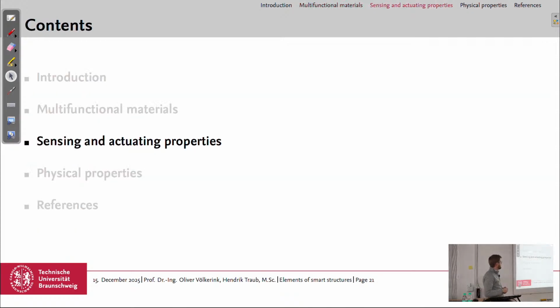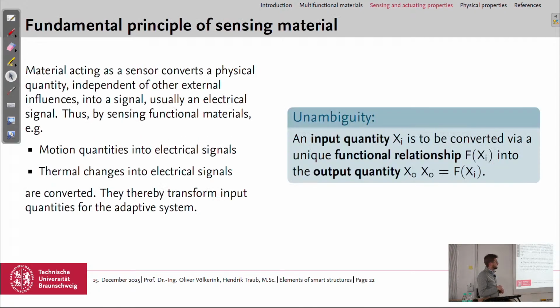So coming now to the sensing and actuating properties, to the fundamental principles. What we want is, if a material acts as a sensor, it should convert a physical quantity, independent of other external influences, into a signal, usually an electrical signal.